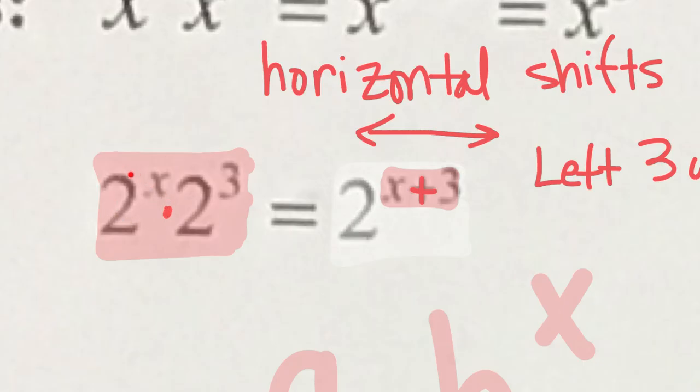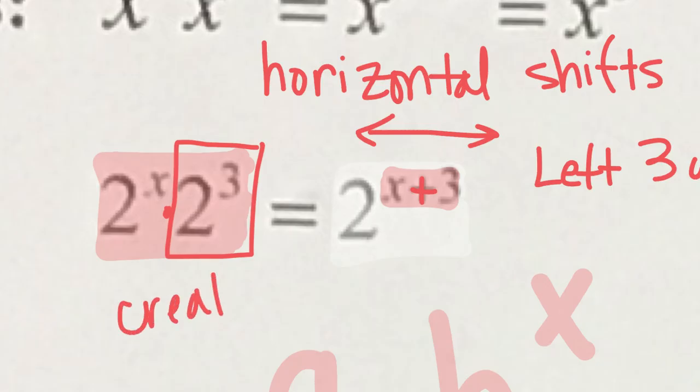So this is 2 to the x times 2 to the 3rd. If we have the same bases being multiplied together, then we add their exponents. So we're going to take this addition of exponents and change it into this. So in other words, we have to add in this term.